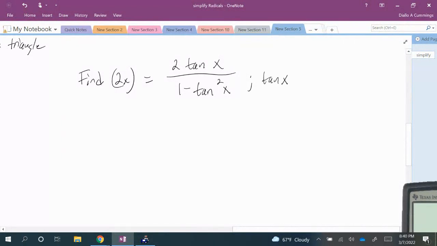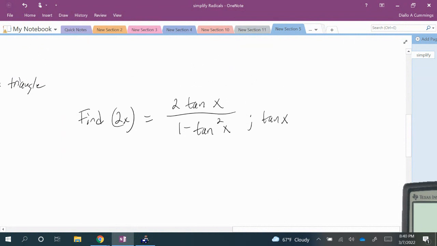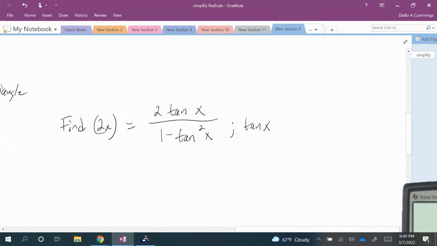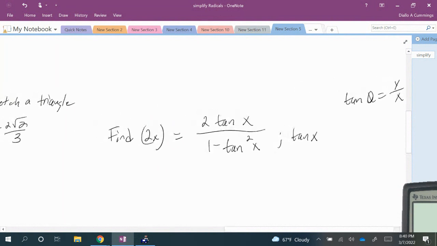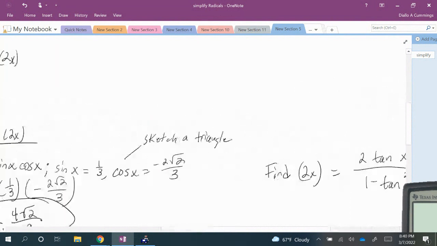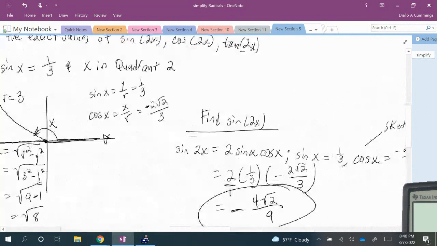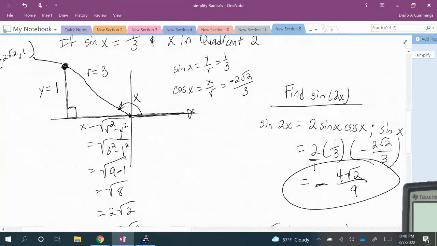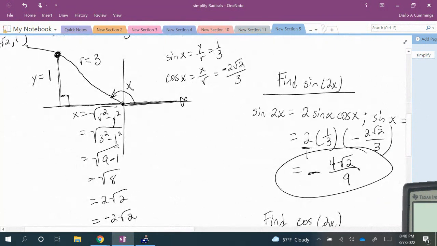So what is the tangent of x? Well, from our formulas, the tangent of any angle is y over x. So we do have a triangle sketch. Let's go back to that. So we have a y value of 1.